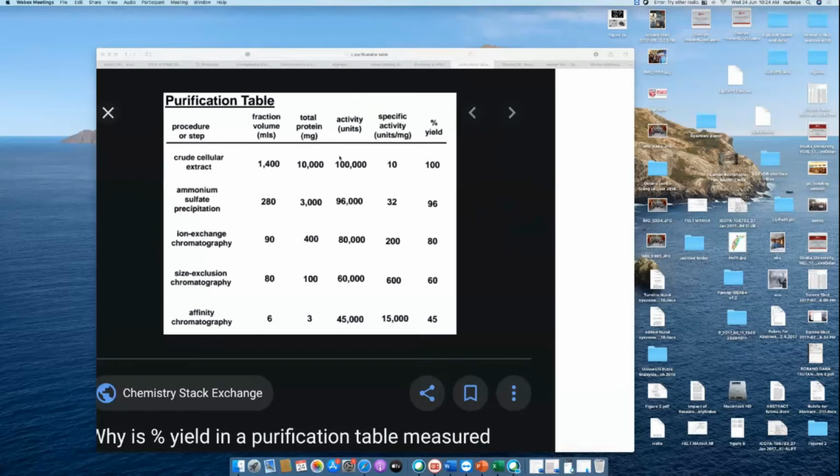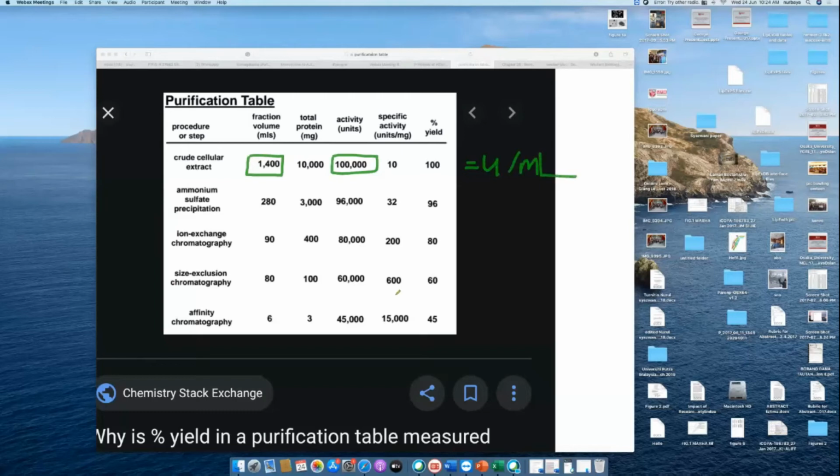What will be the unit per ml if you're talking about this? You have this total activity, and then you have this volume that you have extracted. So what will be your unit per ml from the crude?